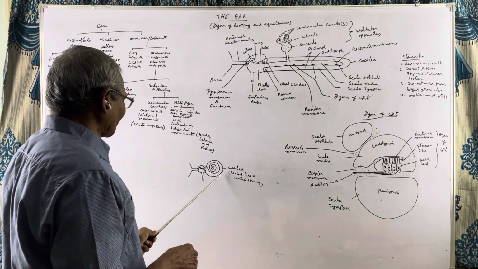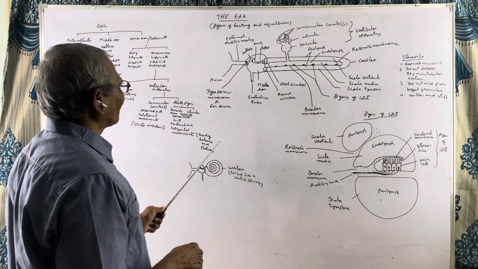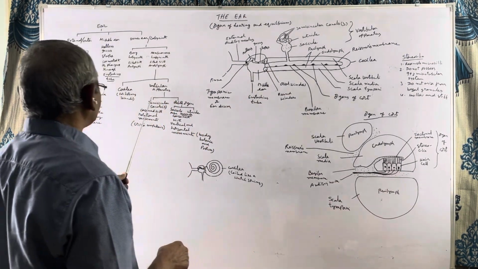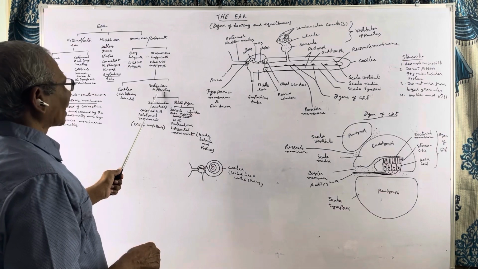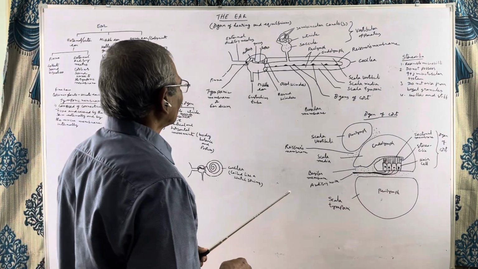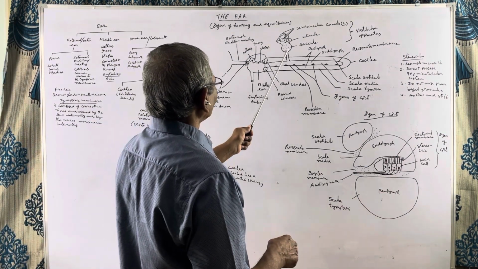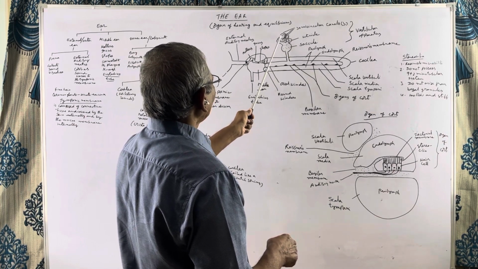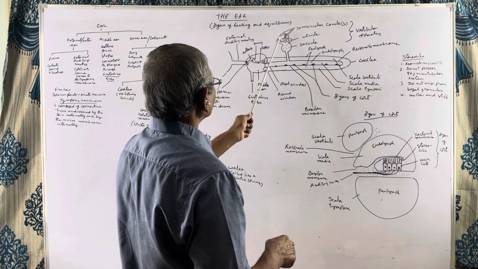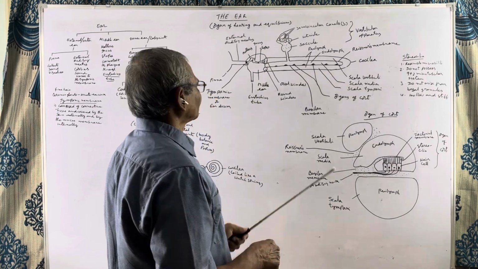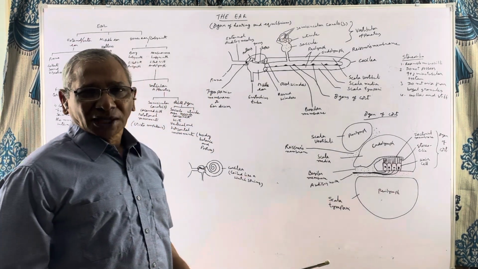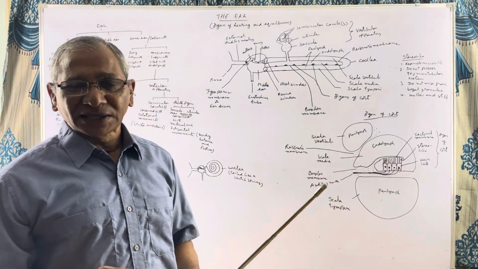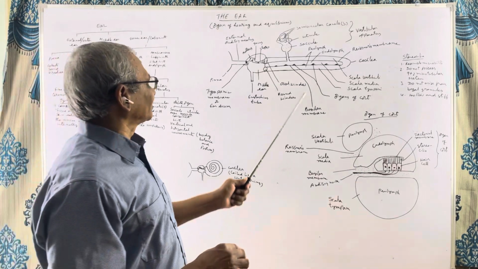So this is the cochlea, and above the cochlea we find this part. This part is known as vestibular apparatus. The vestibular apparatus has saccule, utricle, and three semicircular canals. The three semicircular canals are arranged in such a way that they remain at right angles to each other.